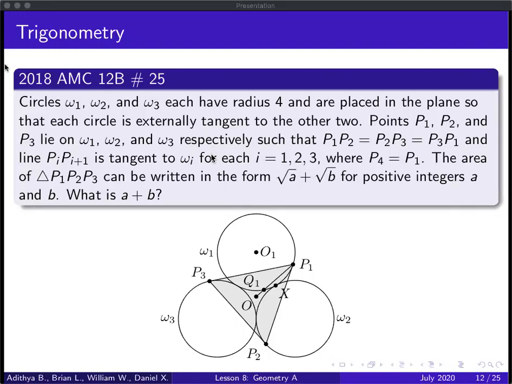So in our diagram, we've actually marked a point Q as the intersection of OP1 with omega1.